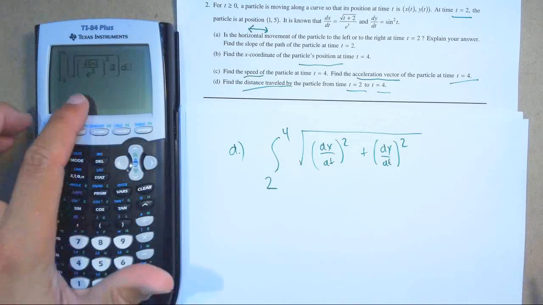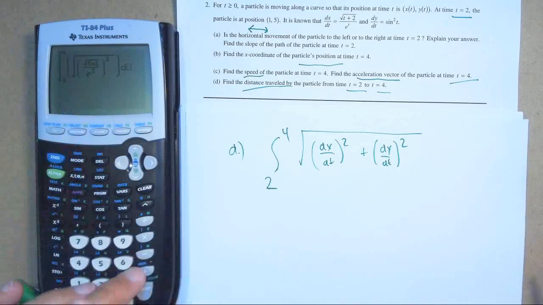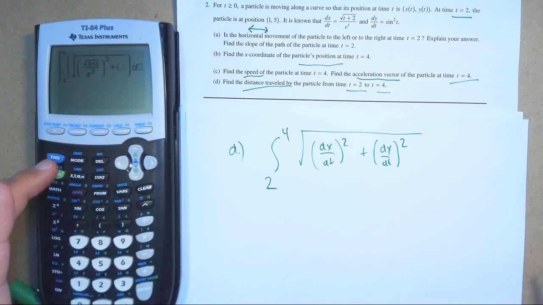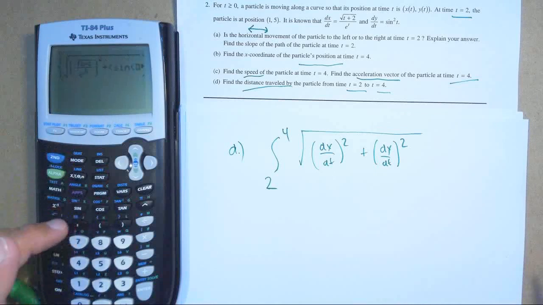So you should have that, looks good as of now, plus same thing with y's. So it's going to be sec sine x, close the parentheses, square it, but also don't forget to square that as well.